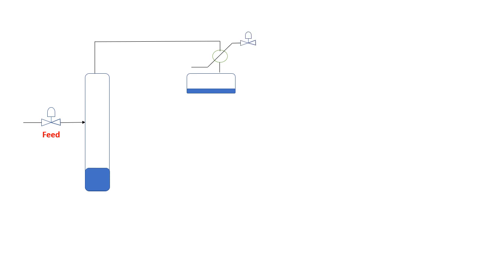So basically the hot vapor that is coming out of the distillation column gets cooled, and after condensation of the vapor it gets stored in another vessel. Now from there this material comes back in the form of reflux to the upper portion of the column.